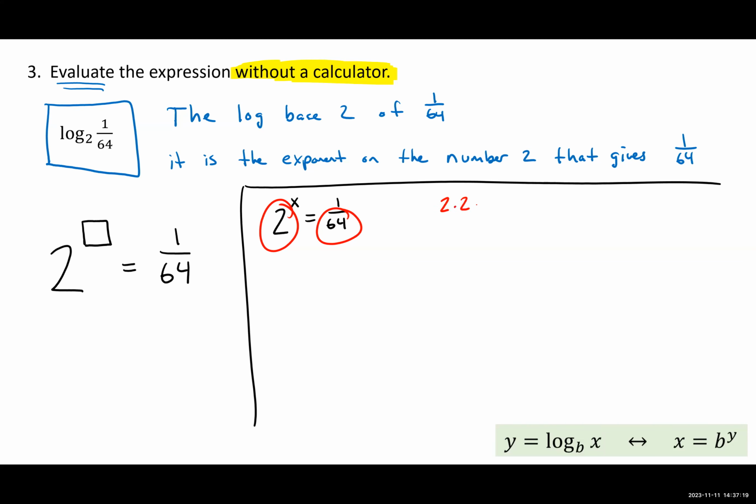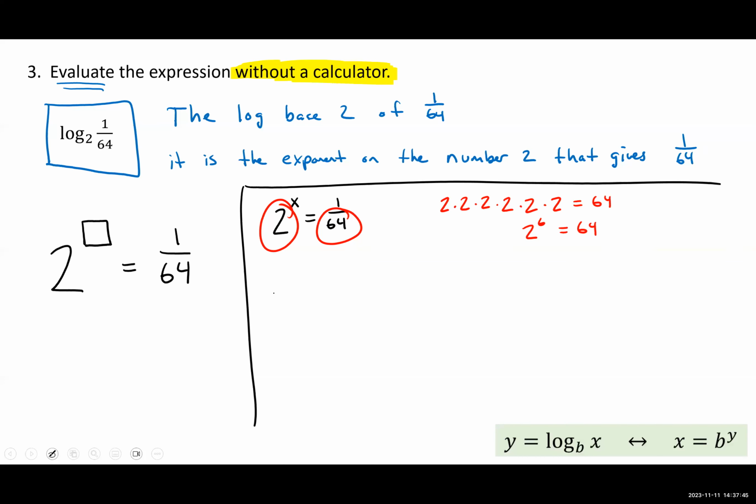2 times 2 is 4, times 2 is 8, times 2 is 16, times 2 is 32, times 2 is 64. So 2 to the 6th power is 64. And that's important here. This is what's going to allow us to solve the problem.